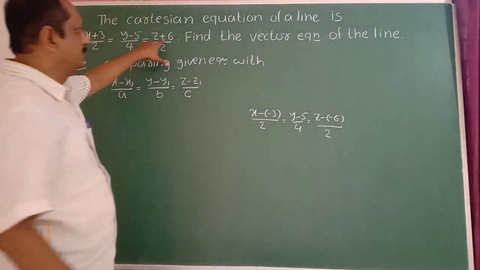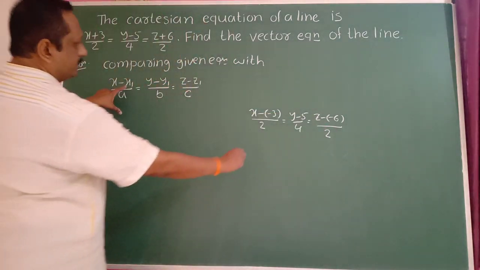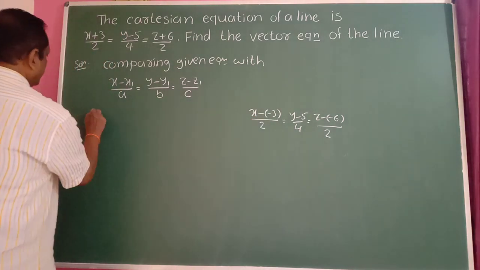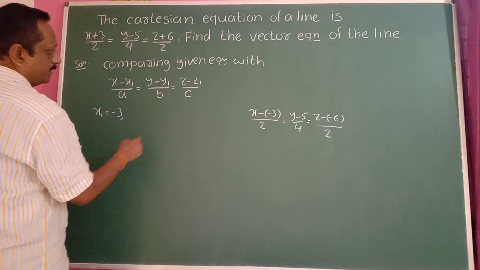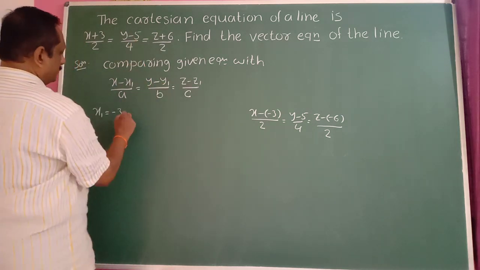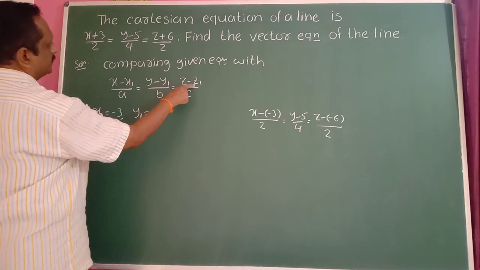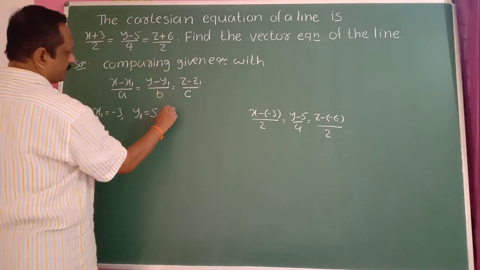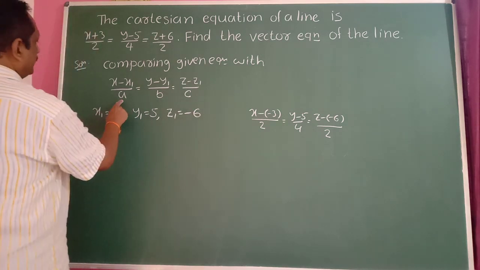My plus sign is there, so you can write minus of minus. Means x1 becomes minus 3, x1 is equal to minus 3, and y1 is equal to 5, z1 is equal to minus 6, and a is equal to 2.